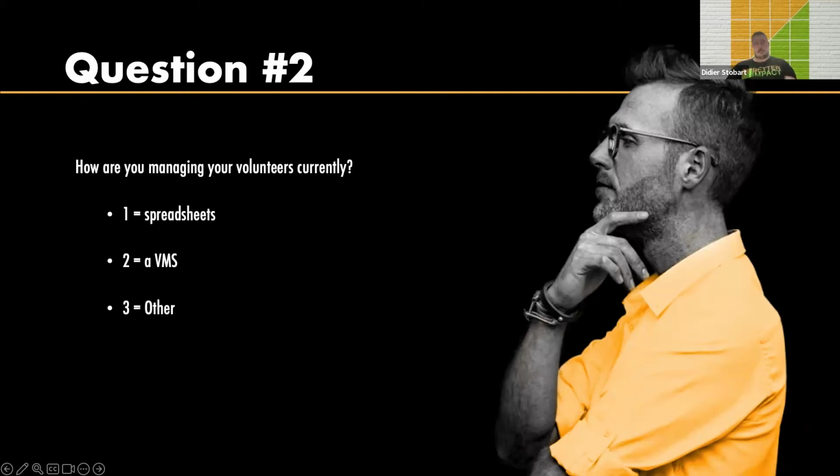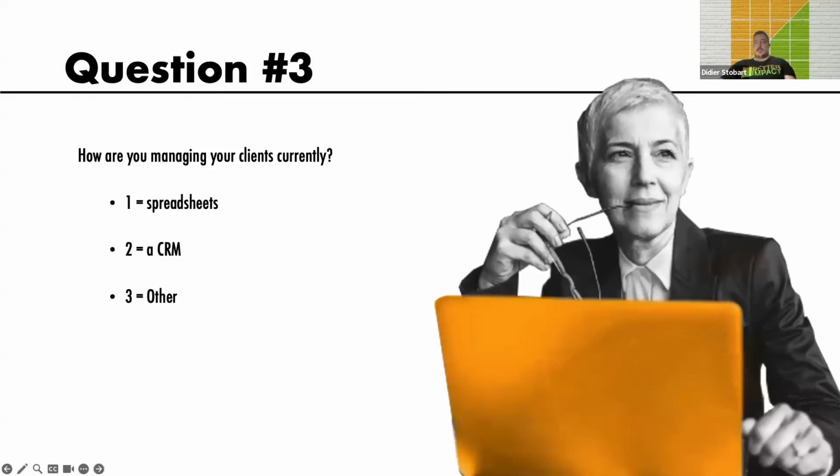So that would obviously make the connection a little bit more difficult between volunteers and clients, as it doesn't seem like it has that direct integration, which Better Impact has. So thanks to those two for clarifying those other databases they're using, it gives us a little bit more information. So question number 3, how are you managing your clients currently? So obviously, Jenny, you're using other, the CareLink database for your clients.